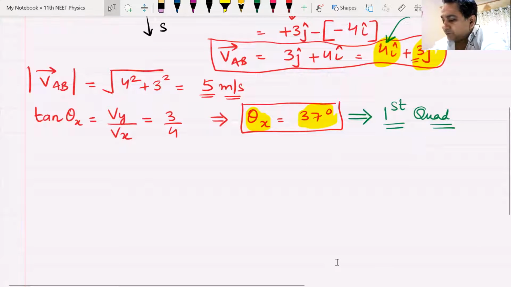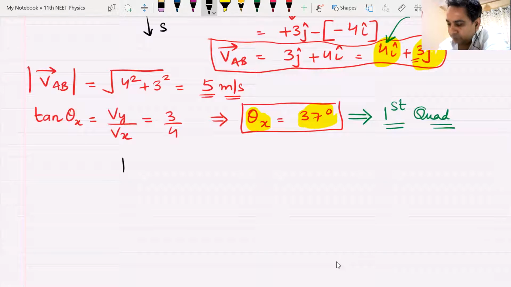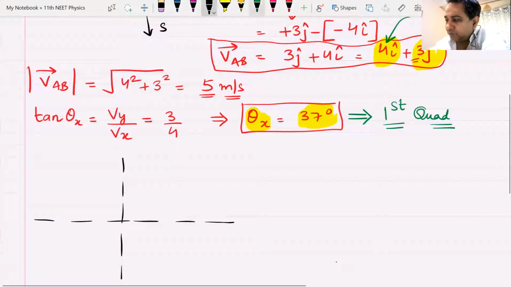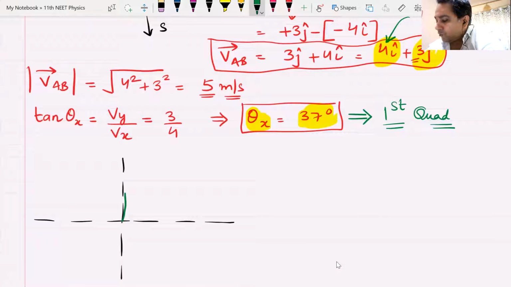Now, see, this was a diagram. A was moving like this. B was moving like this.